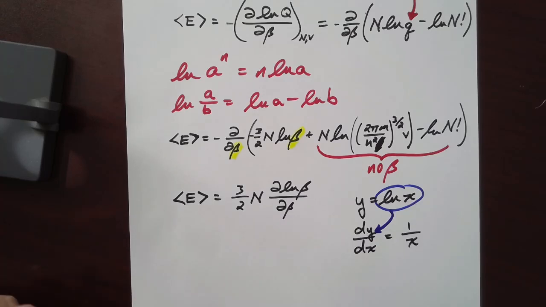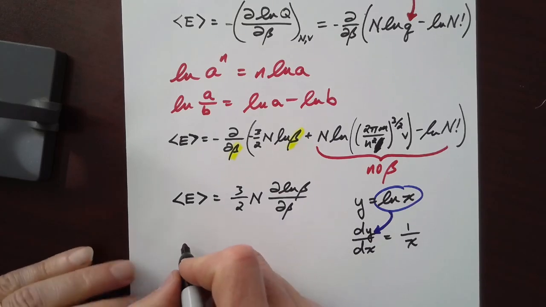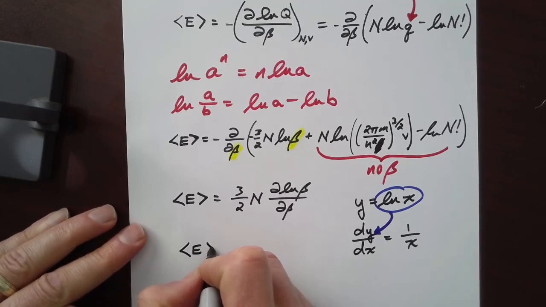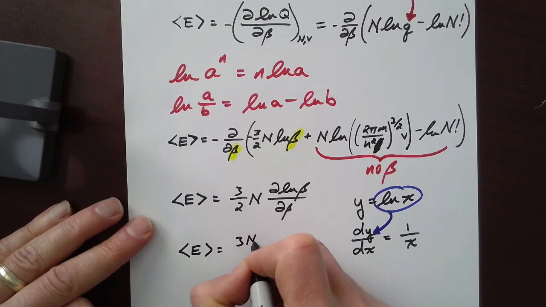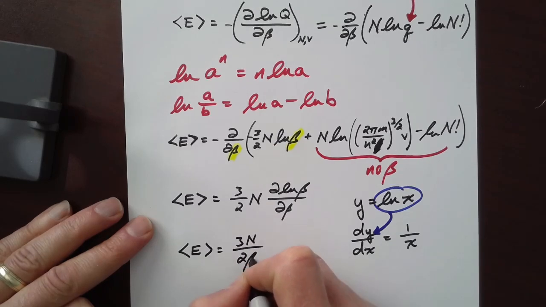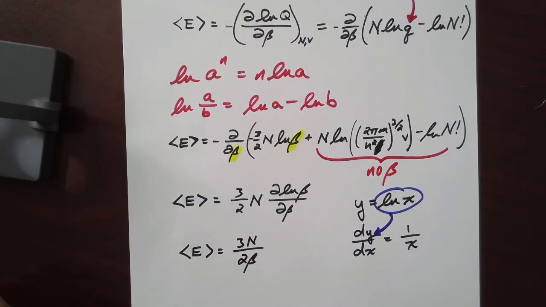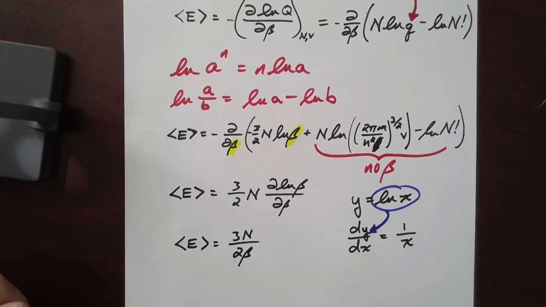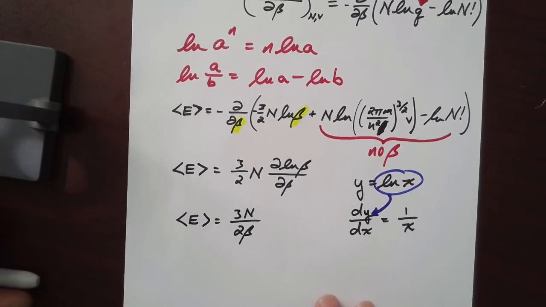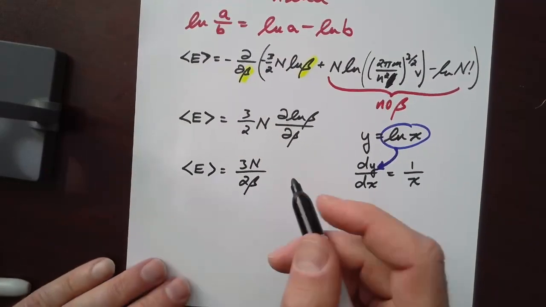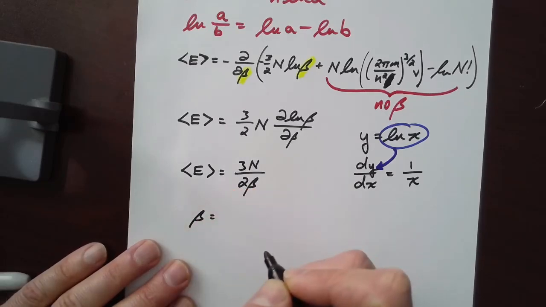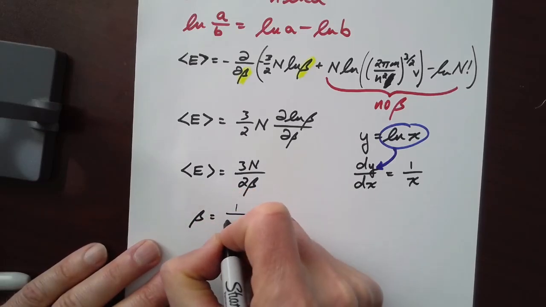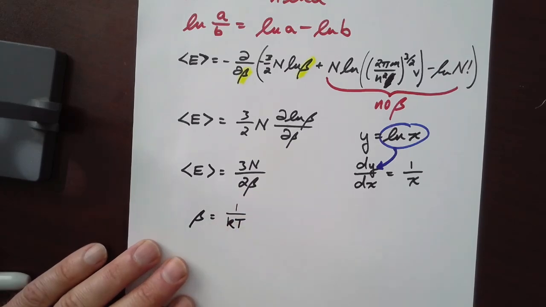So the average energy then is 3n over 2 beta. Now, up until this point, beta has been some mysterious constant or variable. Let me go ahead and give you the definition of it. Beta is 1 over kT, where k is Boltzmann's constant.